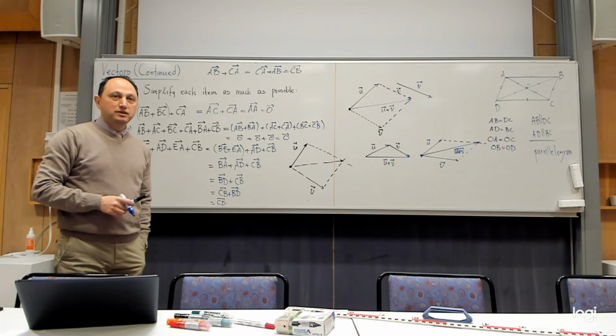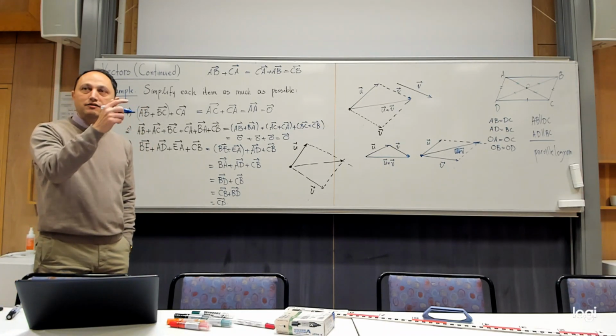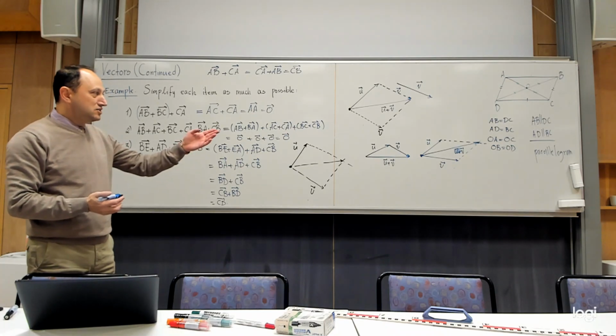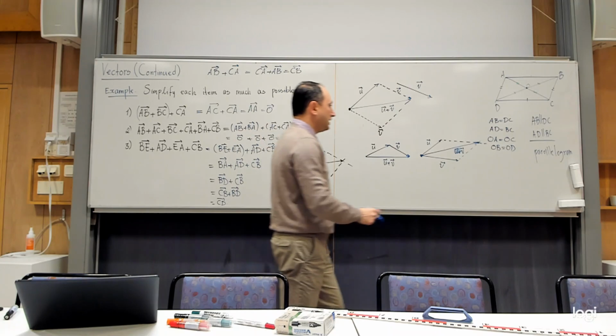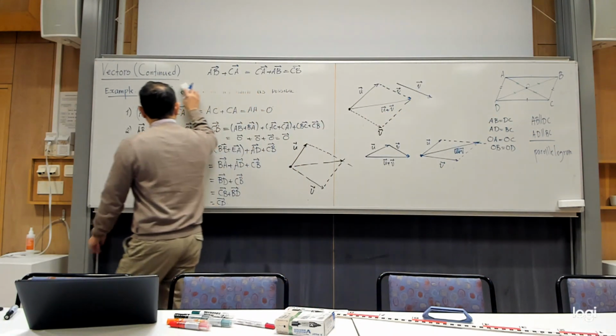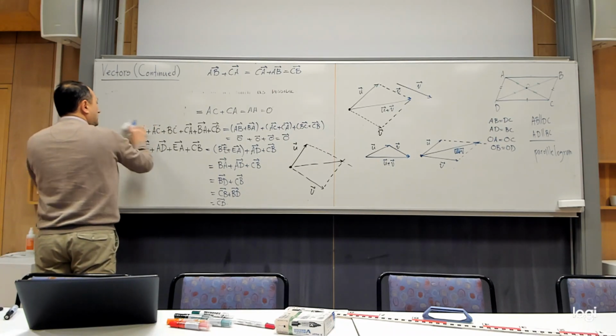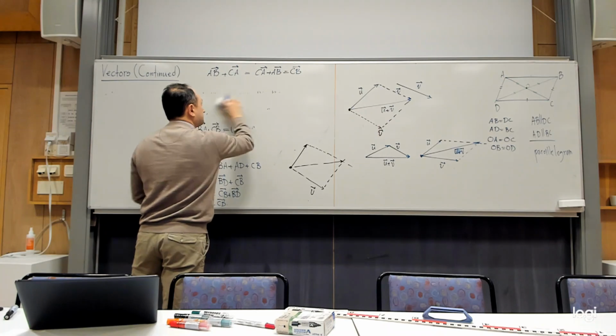The weakness of the parallelogram method is that if you want to add three vectors together, it is not that easy. If I want to add three vectors using the normal triangle method, or the normal definition of the addition of vectors, it is easy.